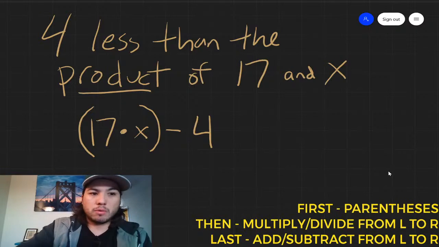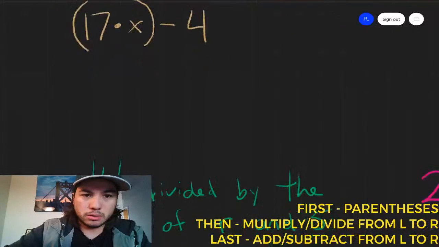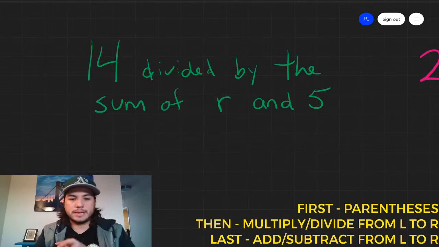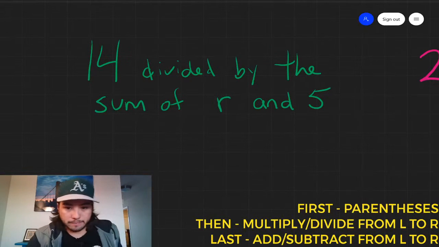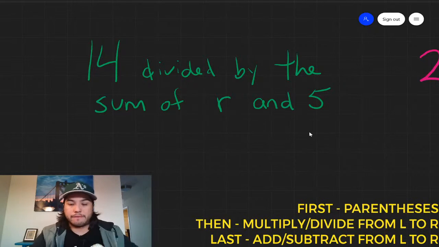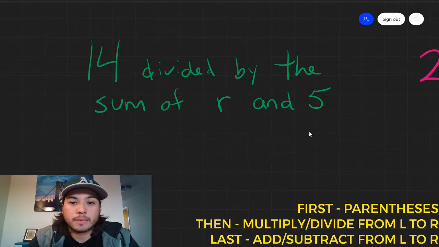Now, let's try one more, and I want you to give it a try here. This says 14 divided by the sum of r and 5. So think about what operations we are going to use here.